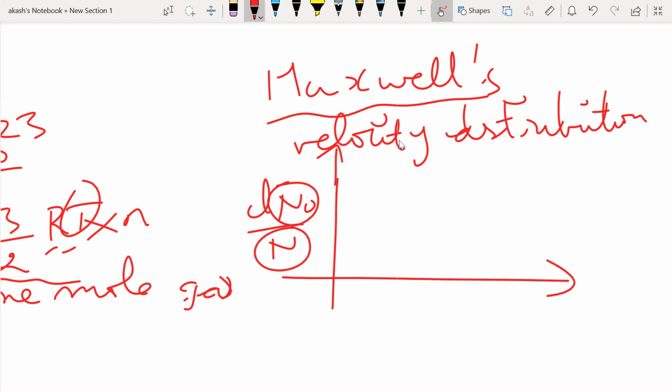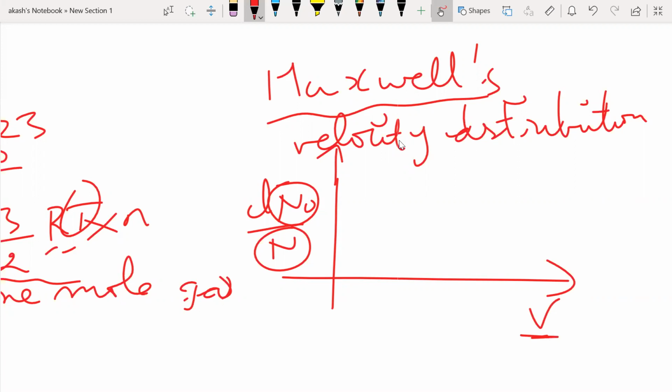If I have 1,000 molecules, say 100 of them have a velocity of 300 meters per second, and another 100 have some other value. With velocity on the x-axis.